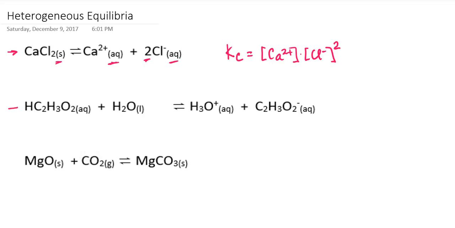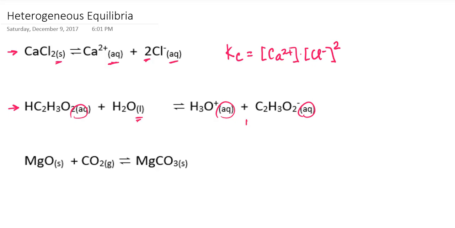To drive the point home, let's take a couple more examples. So for this second reaction, notice that I have 3 species that are in aqueous solution, but water in its pure liquid form.